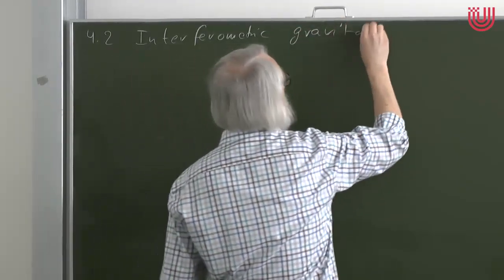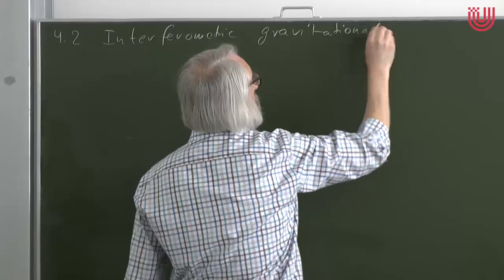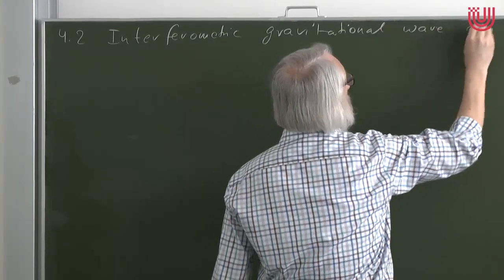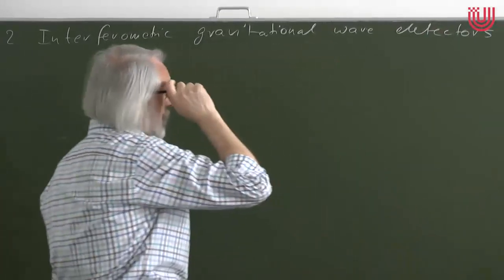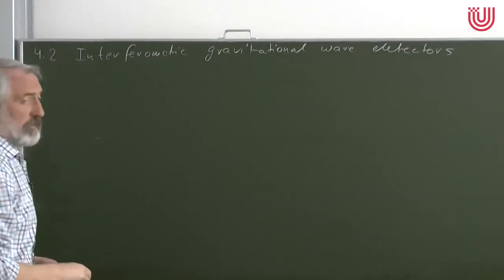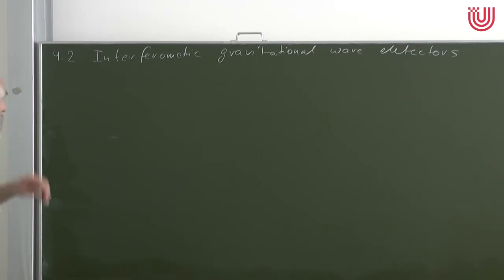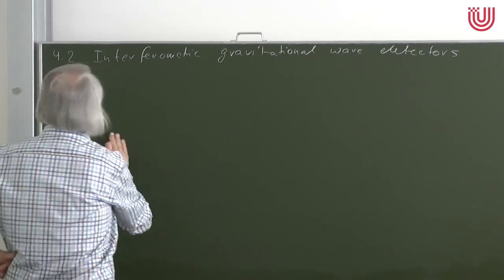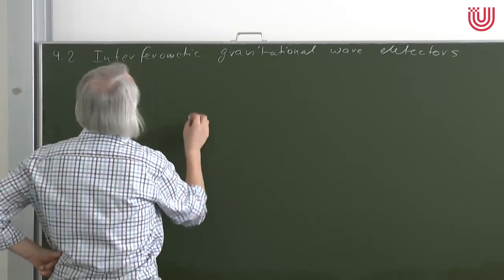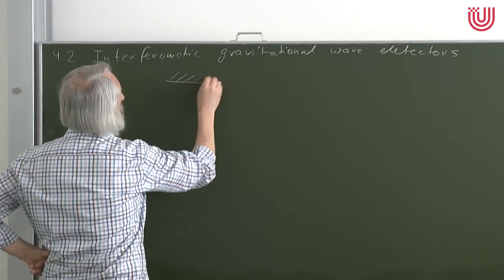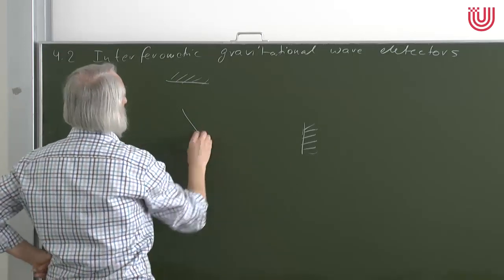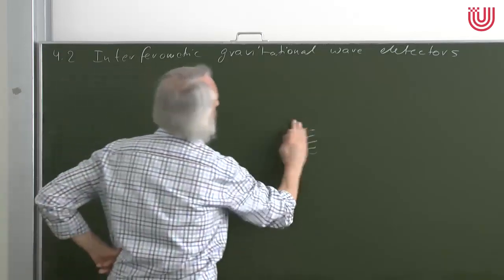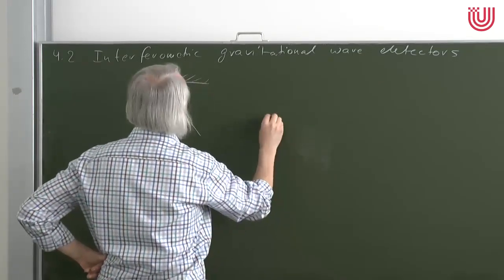Interferometric gravitational wave detectors. These are in principle just Michelson interferometers. I think everybody knows what a Michelson interferometer is. Just to remind you, you have two mirrors and a beam splitter here, and the distances should be more or less the same.